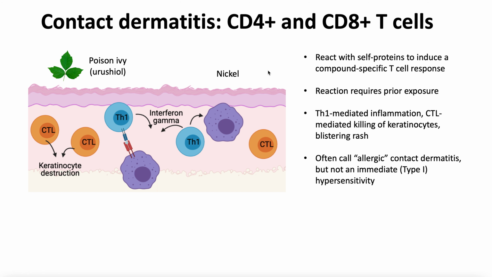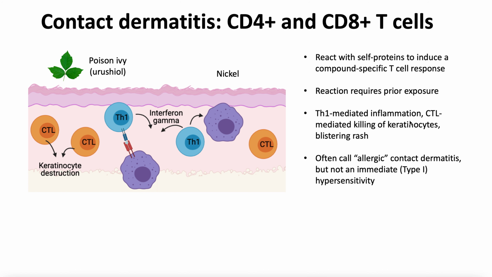It's thought that these compounds react with self-proteins to then induce a compound-specific T cell response. And once again, this reaction requires prior exposure. So you have to be sensitized first. You have to induce a memory T cell response. And then upon the second exposure, those memory T cells can induce the hypersensitivity reaction.